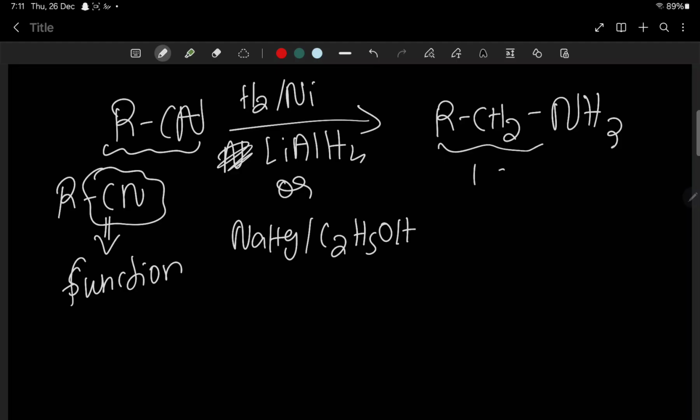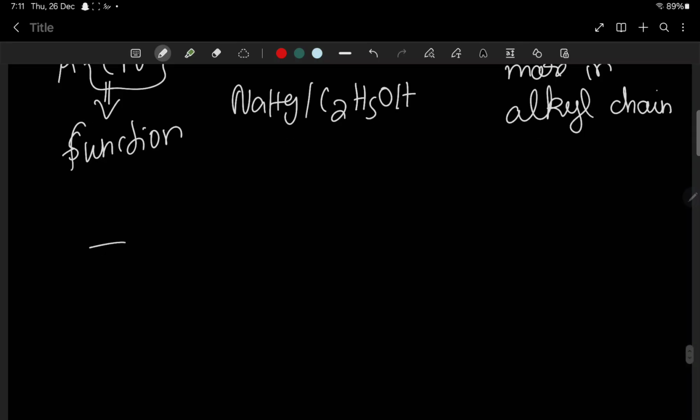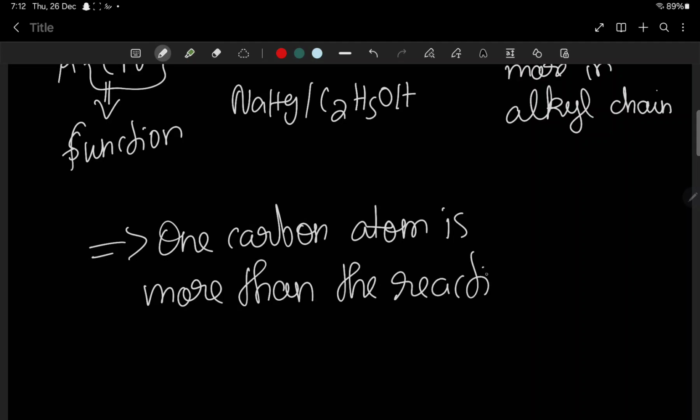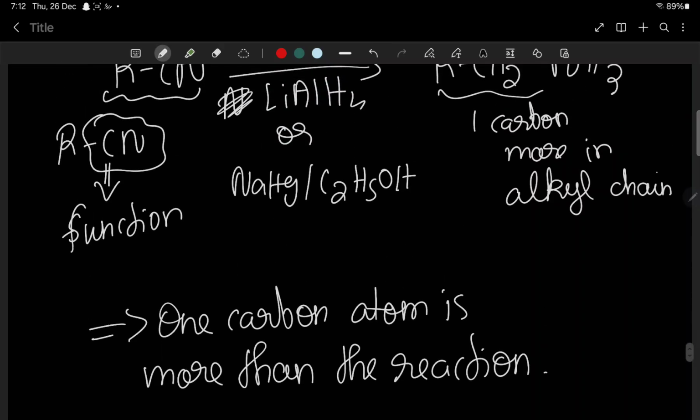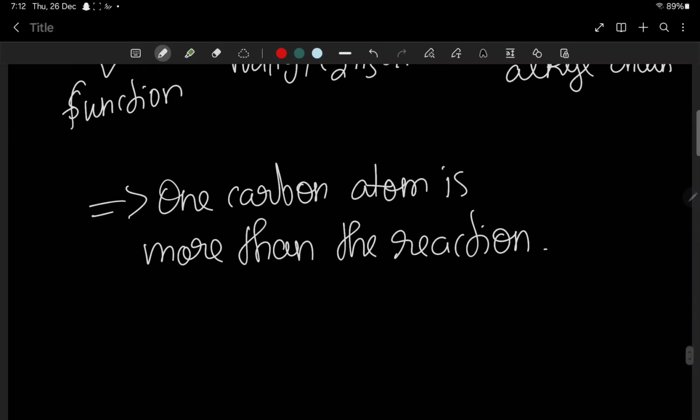So here we got one carbon more in the alkyl chain. The speciality of this reaction is that one carbon atom is more than the starting reactant. Here we had RCN, that is only R. When it became final, we got one extra carbon. So this is important.